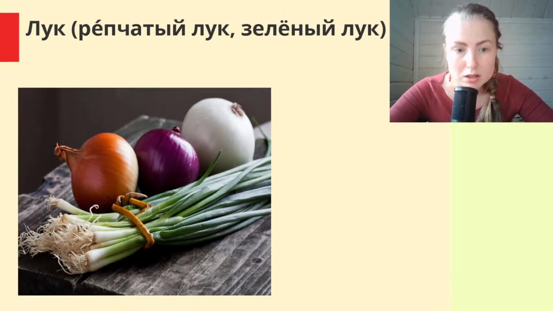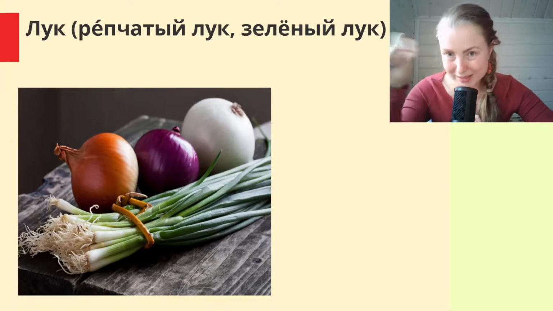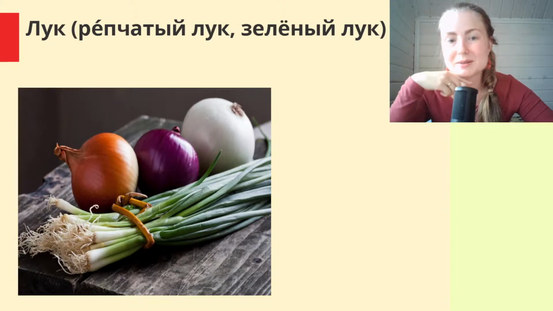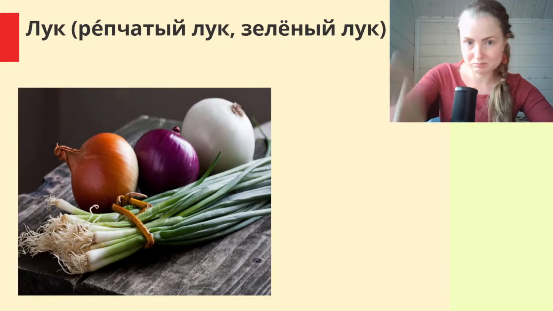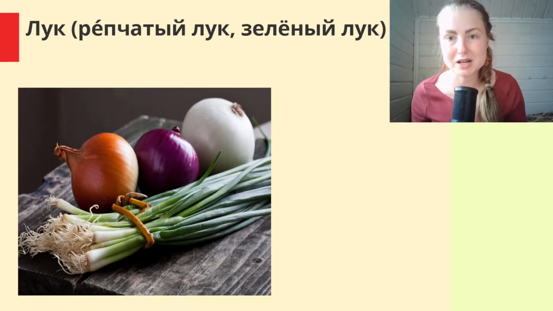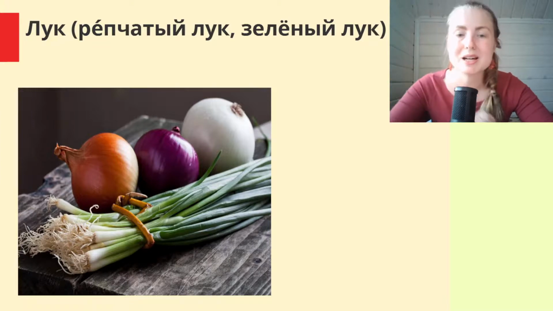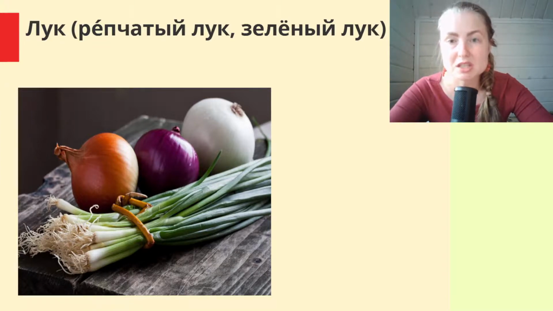Зеленый лук is spring onion. Spring onion is green. That's why we call it зеленый лук. Репчатый лук is the onion which you cut. These big round onions which we cut. We call репчатый лук.